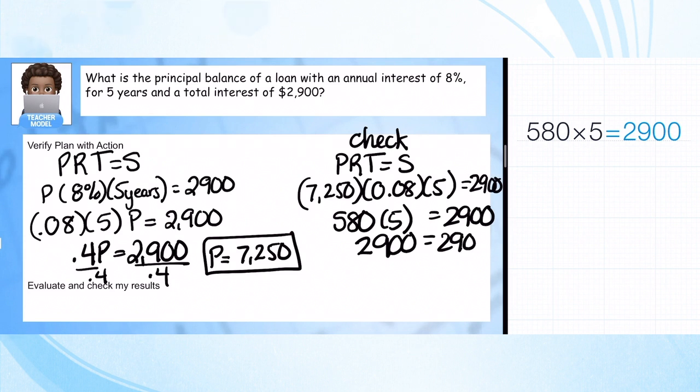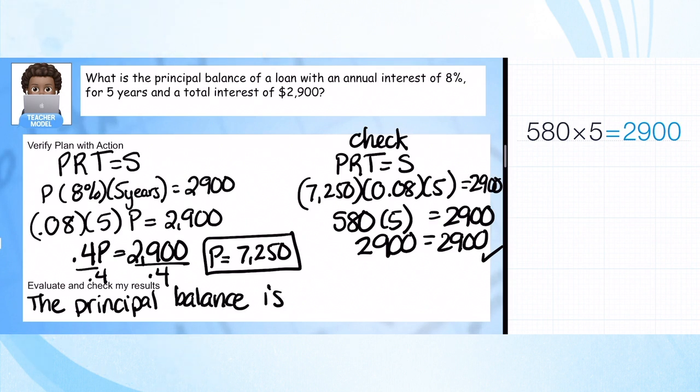It's equal to 2,900. Both expressions are equivalent. So let's answer this question. The principal balance is $7,250.